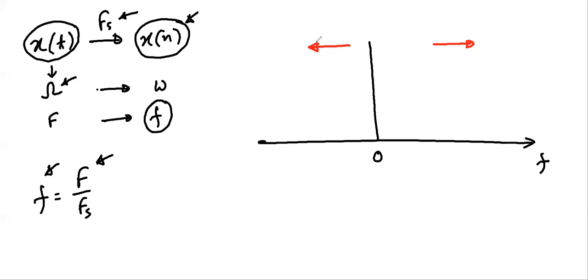For example, we can start with an example. Let's say we have f is equal to 100, and we want to sample it with 200 samples per second. So that means we are choosing some value arbitrarily.